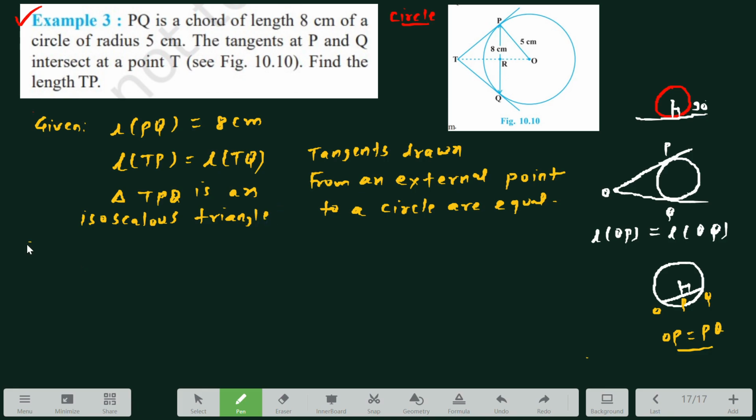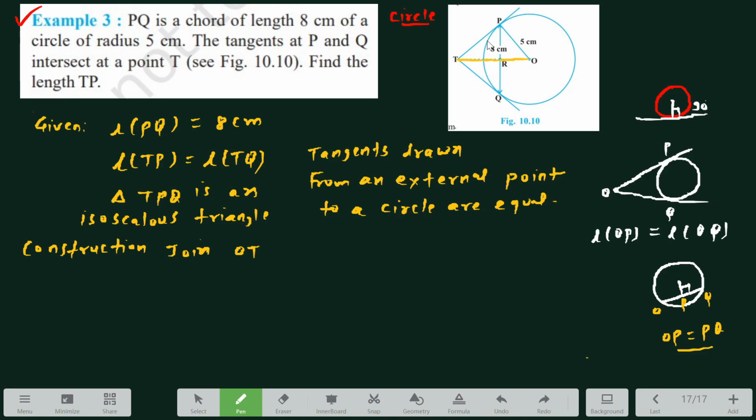You have to also do a construction. Join OT. So this is the join OT. Okay.